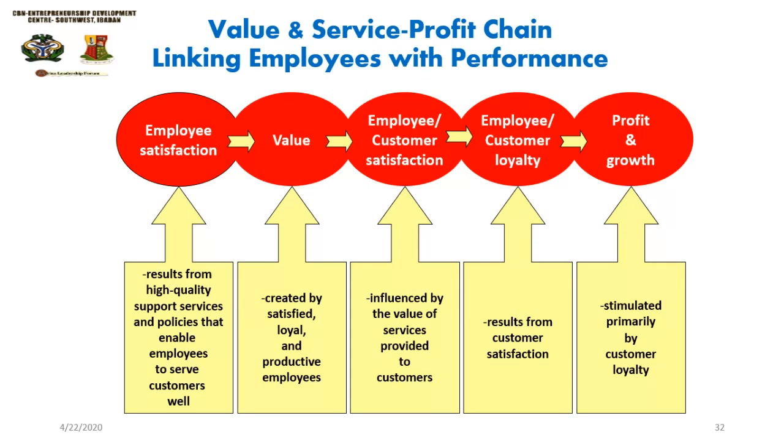Now, if employees and customers are satisfied, what does it translate to? It translates to customer loyalty. They become your advocate. And when a customer becomes your advocate, you have loyal customers everywhere. It translates to profit. And when you have profit, of course your business will grow.